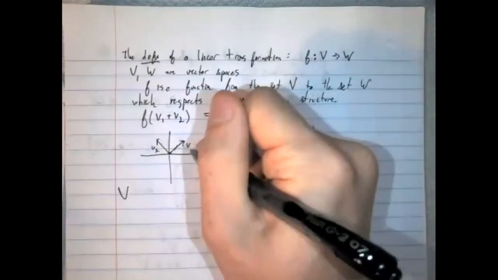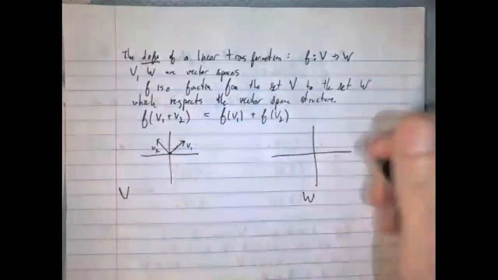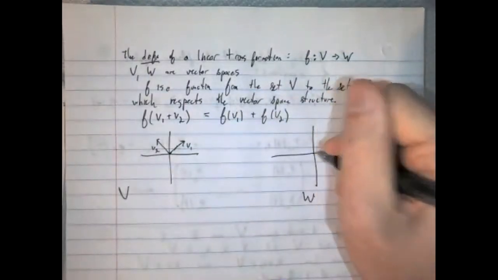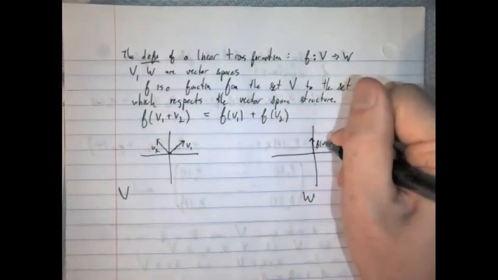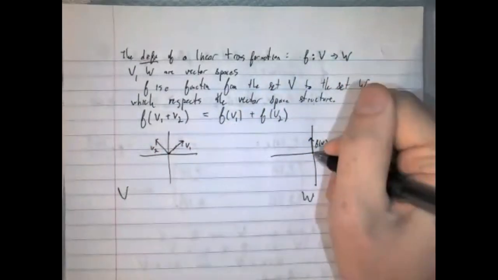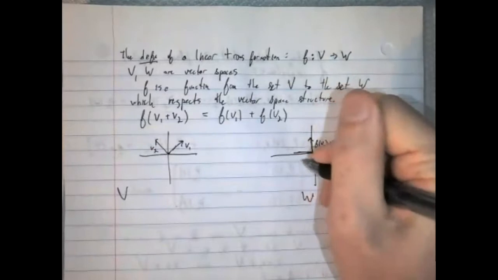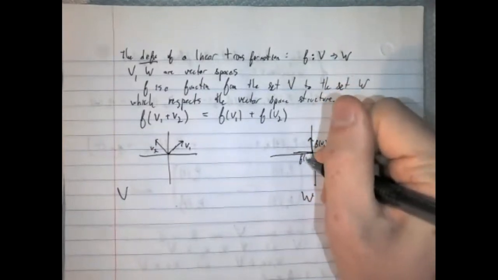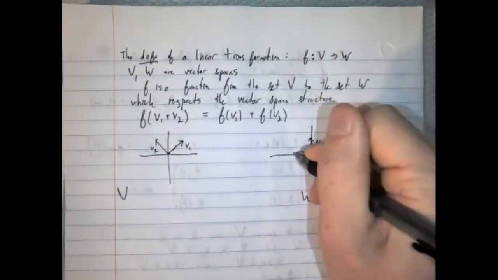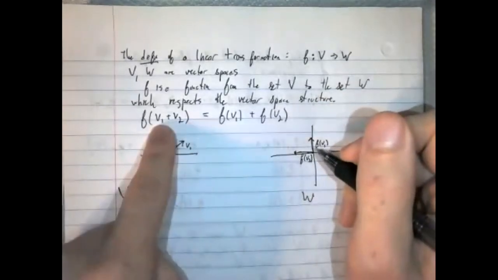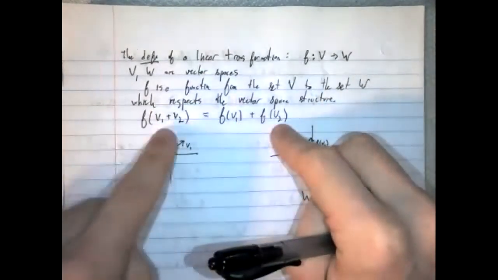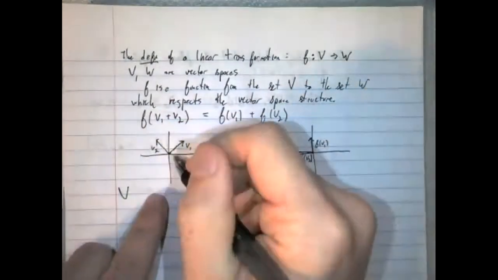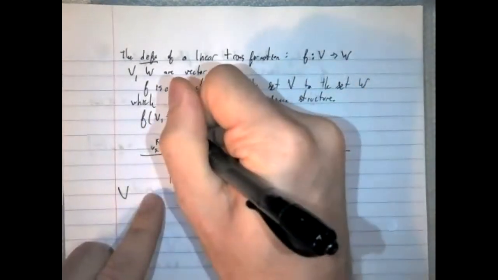Whatever this function does to v1, say it sends v1 to here, this is f of v1, and say it sends v2 to this vector here, f of v2. Once you know what the function does to v1 and v2 individually, that forces what it does to v1 plus v2. So here the sum of v1 plus v2 is up here.